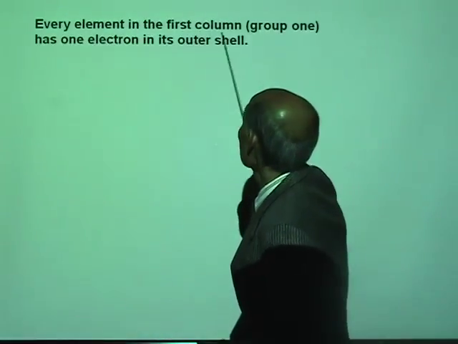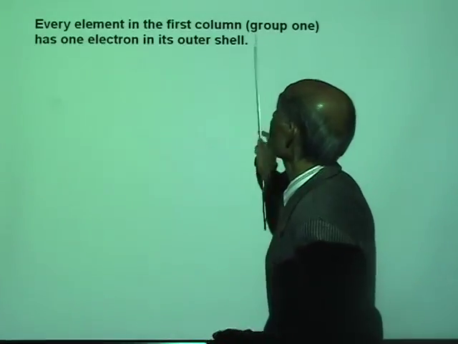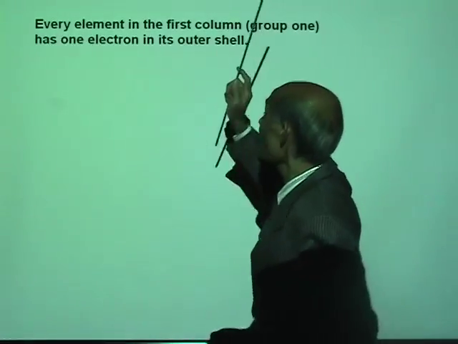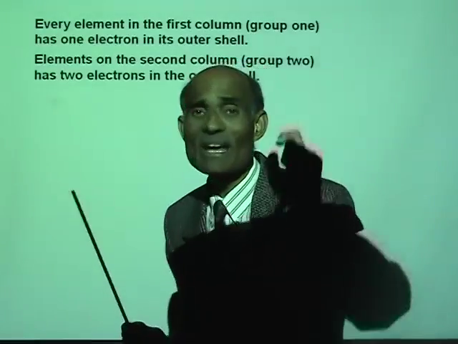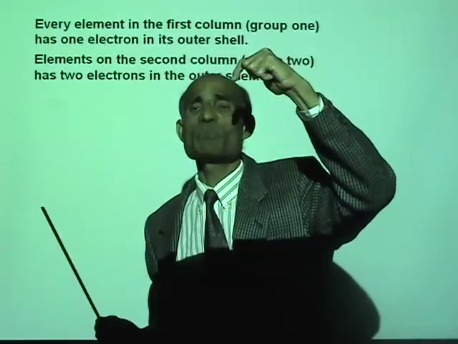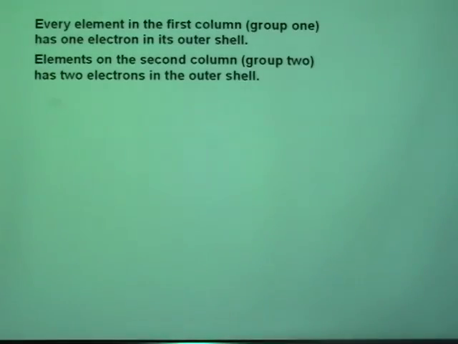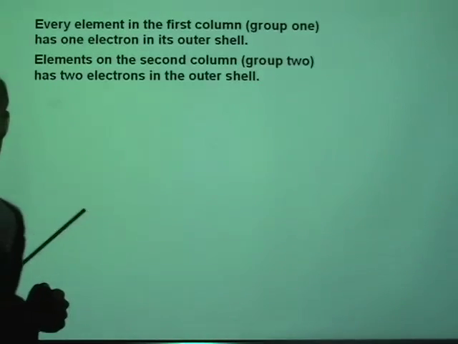Every element in the first column, that is group 1, has one electron in the outer shell. The elements in the first group will be hydrogen, lithium, sodium, potassium, rubidium, cesium, and francium.